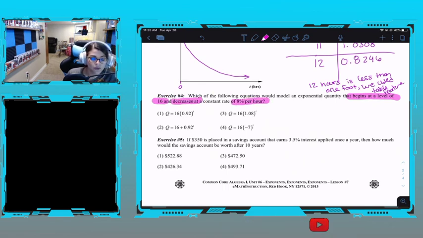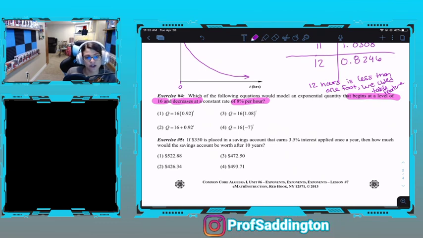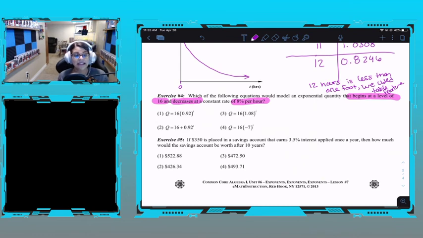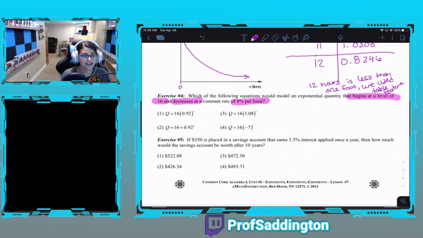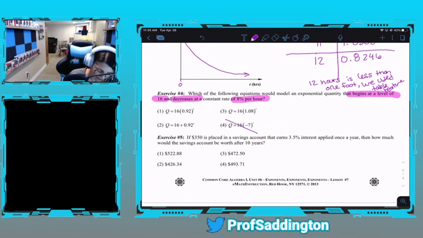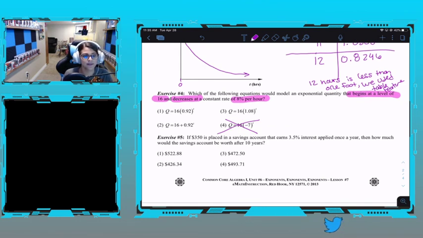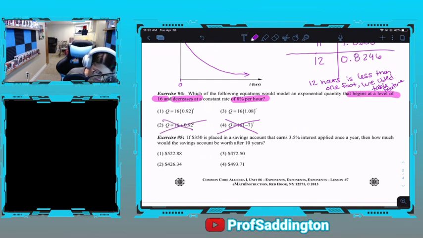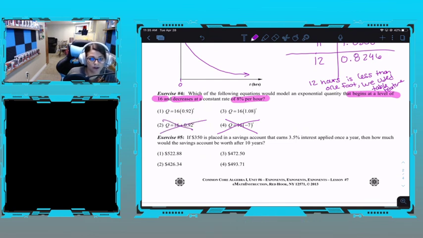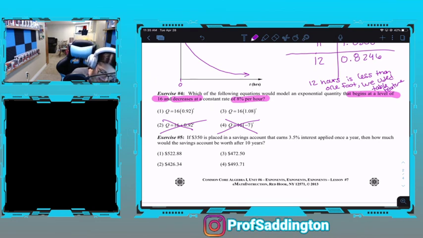Okay, so when we're looking at these equations, since it's exponential, we know it's exponential because we have a percent. It's going to be 16 and then times something. Well, we've done nothing with negatives in there, so that's going down. And then we weren't adding anything, so I know it can't be choices 2 or 4. Because it is decreasing, there's a couple ways you can show it.